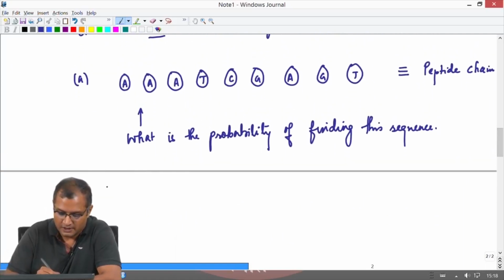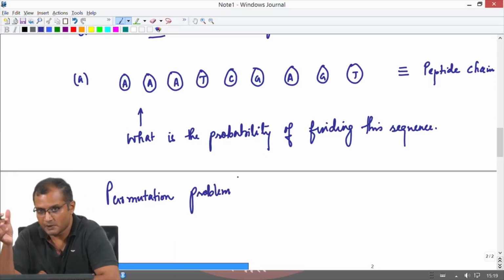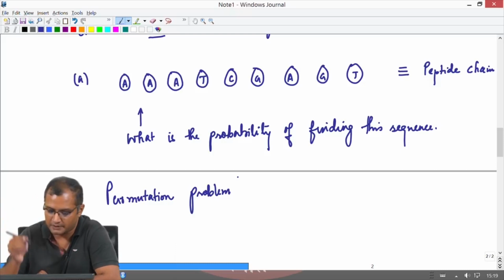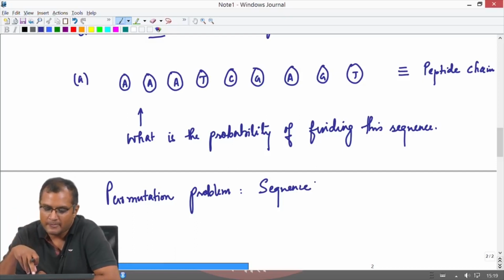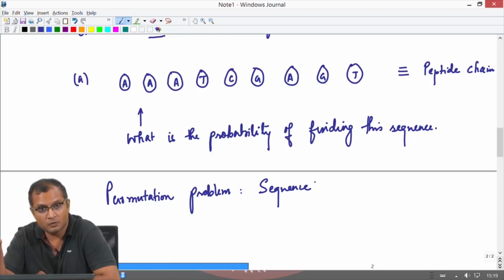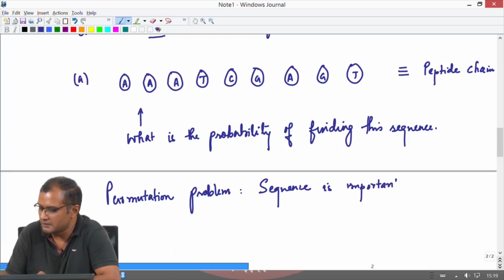So, this is already a permutation problem, because here the exact sequence of the monomers is important. If I change the relative positions of T and C, then the peptide chain would be different. So, sequence is important here. So, this is a permutation problem.